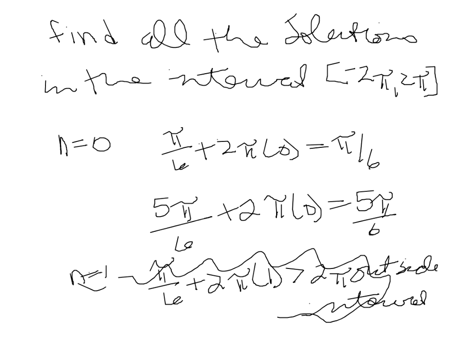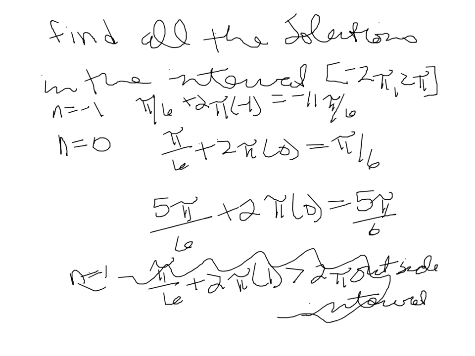Now, it's minus, so I need to get the other one. So I'm going to use n equals minus 1, and I get pi over 6 plus 2 pi times minus 1. And so I end up subtracting 2 pi from pi over 6, and that gives me minus 11 pi over 6.